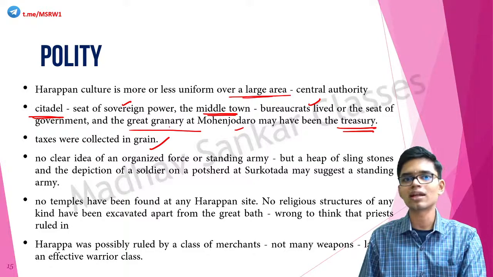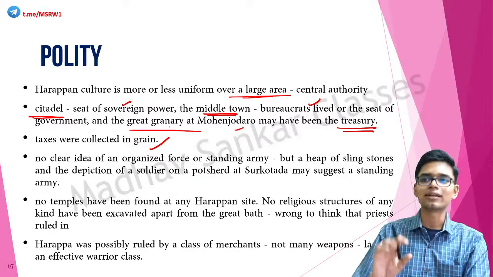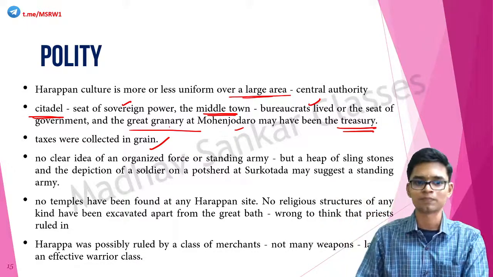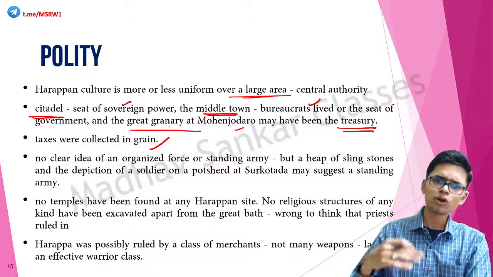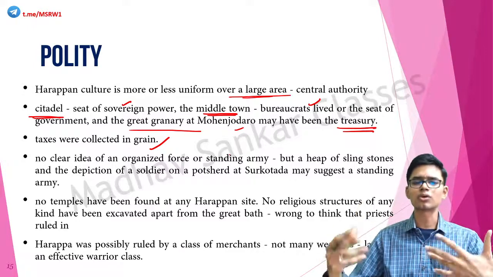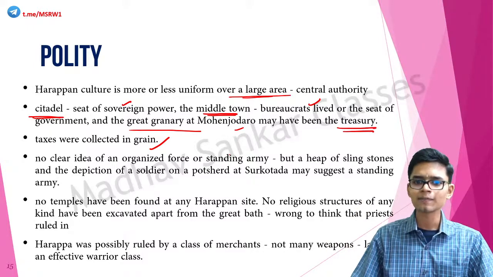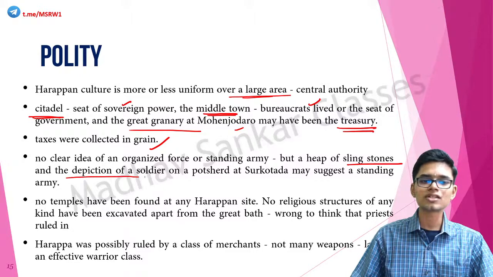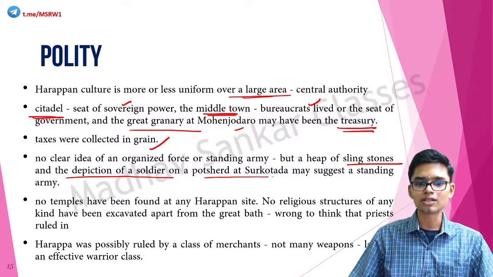If you have to collect tax, then there should have existed some kind of administrative structure. But we do not know if there was a standing army or any organized force; we are not so sure about that. But a heap of sling stones and a depiction of a soldier on a potsherd at Surkotada suggest a standing army.